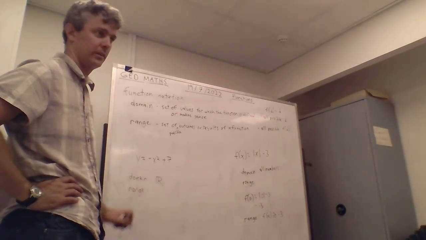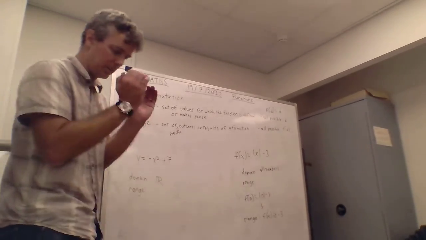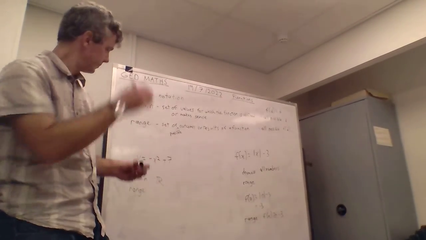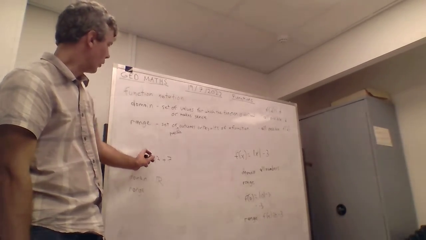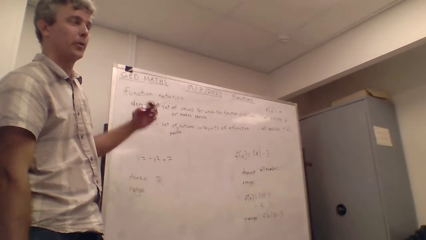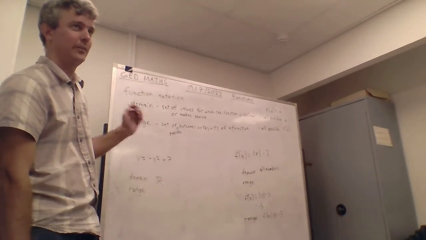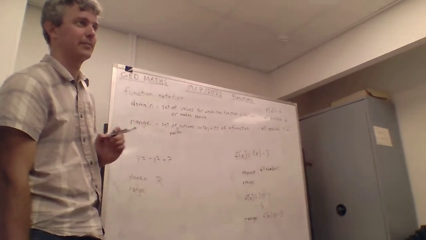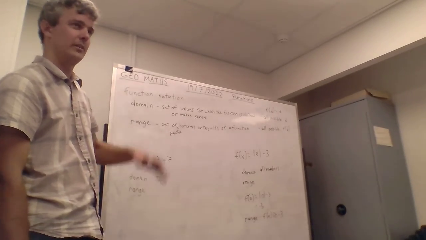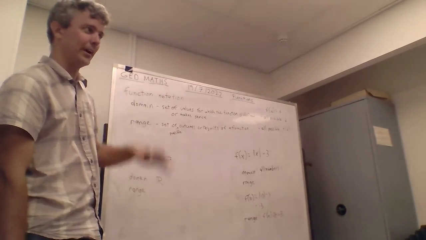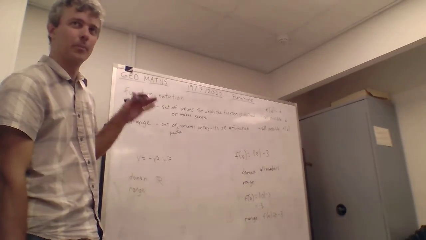It's negative x squared. X is then going to be in brackets, right? So here we can use 4. 4 squared is 16. So it's negative 16 plus 7 is negative 9. It's always pushing lower. Whatever number you put in there, it's going to be either negative or below 7.